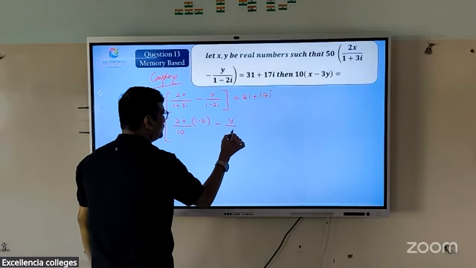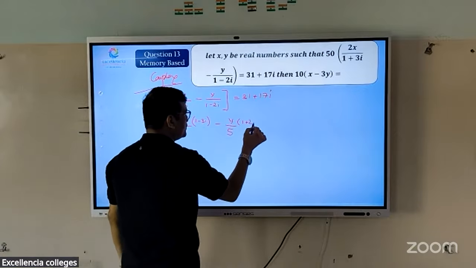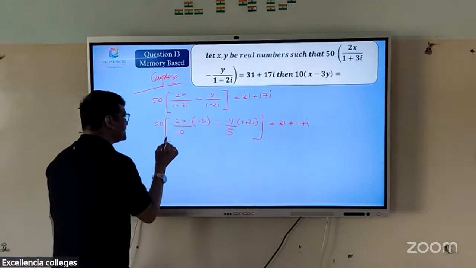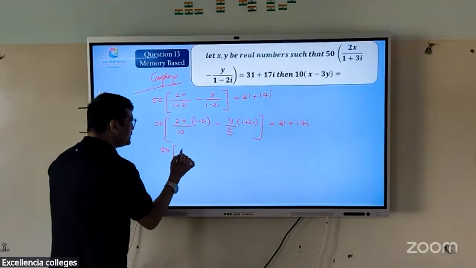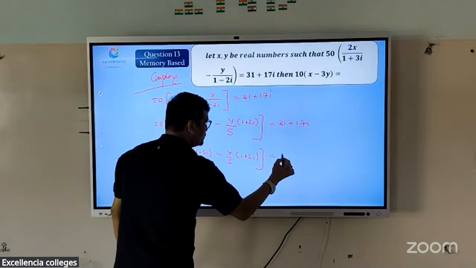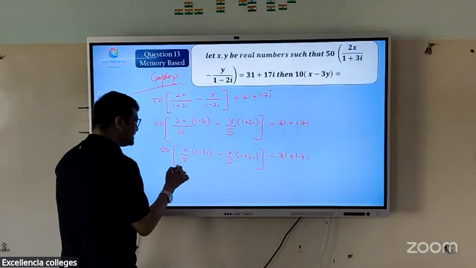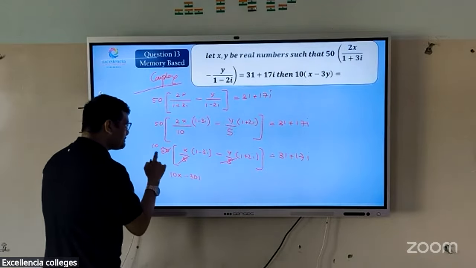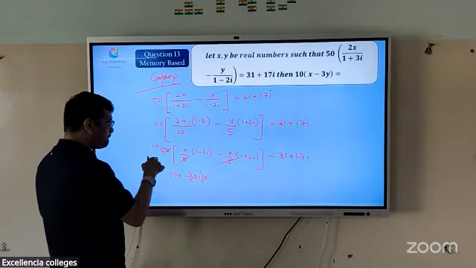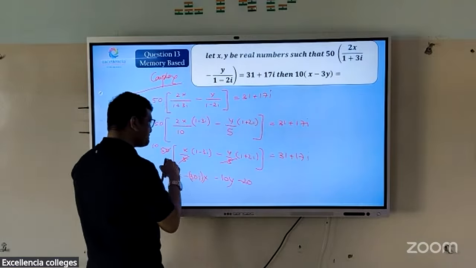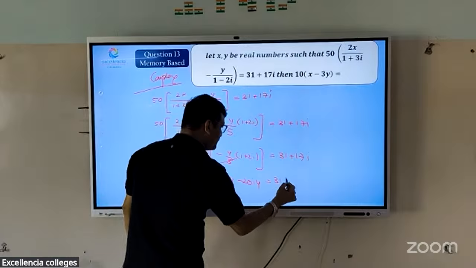Minus y, take 5 common, it is 1 plus 2i is equal to 31 plus 7i. Let's solve it. 50 into x by 5 into (1 minus 3i) minus 5 into (1 plus 2i) is equal to 31 plus 7i. This gives 10x minus 30xi minus 10y minus 20yi is equal to 31 plus 7i.